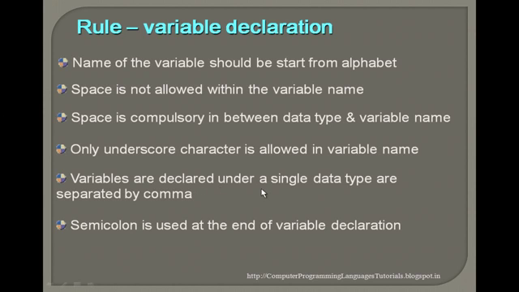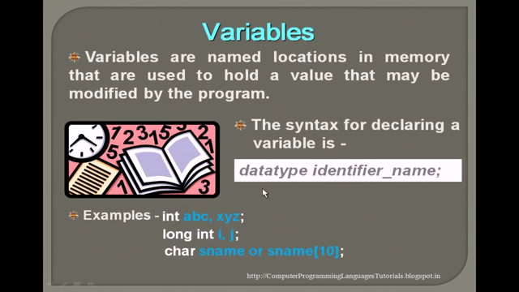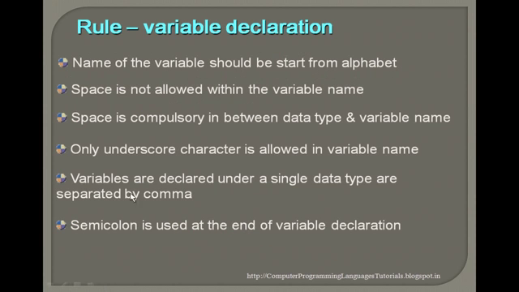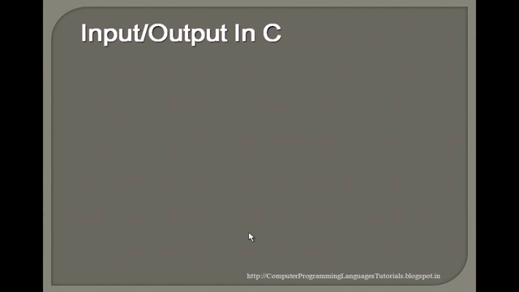Variables declared under a single type are separated by commas. Here you can declare many integer variables, but separation is done by commas, as well as termination is done by a semicolon. Semicolon is used at the end of the variable declaration.